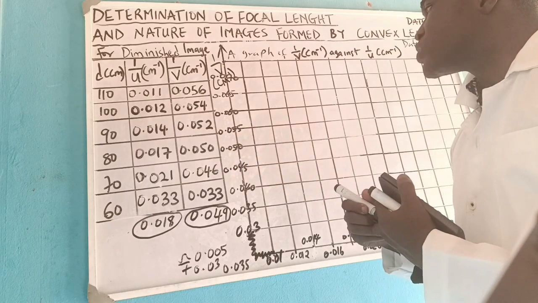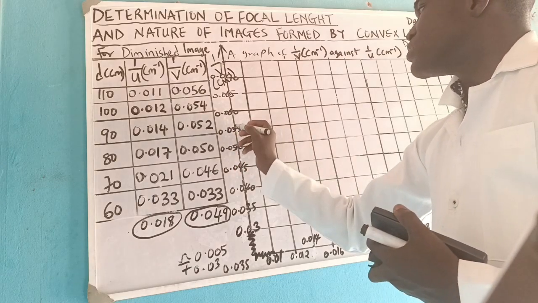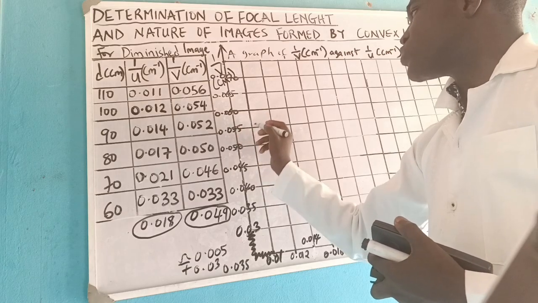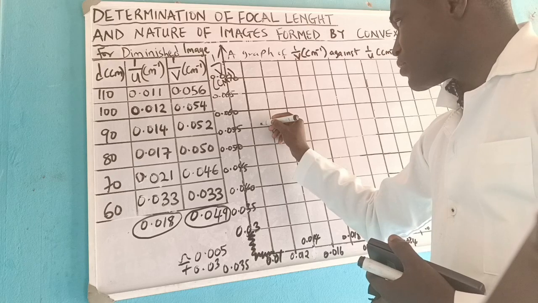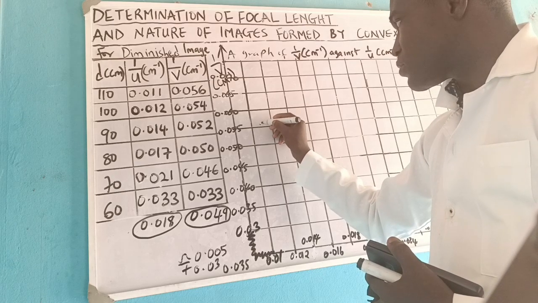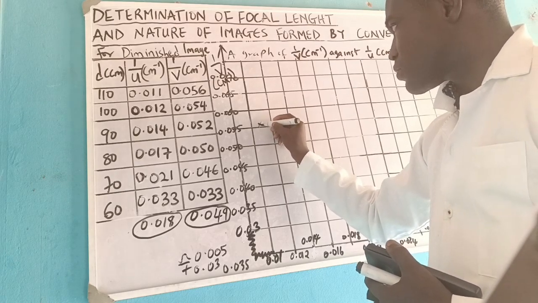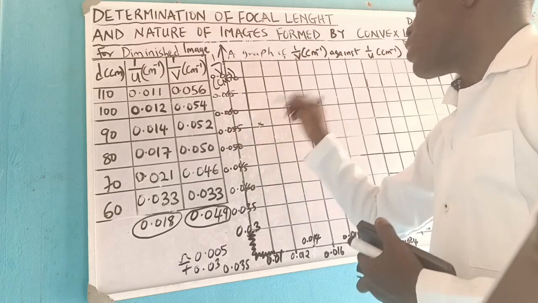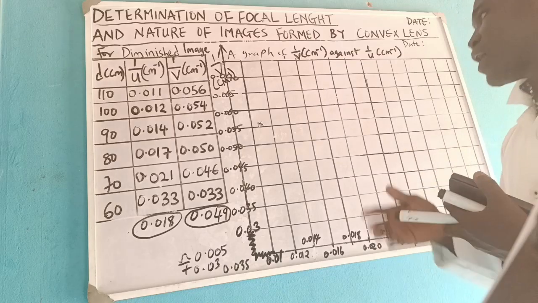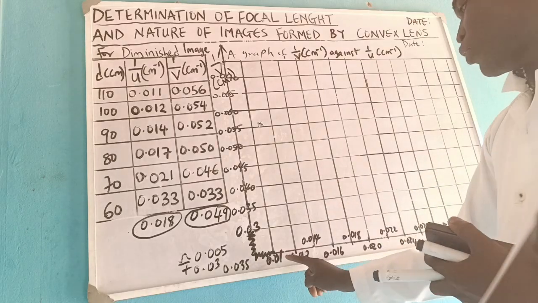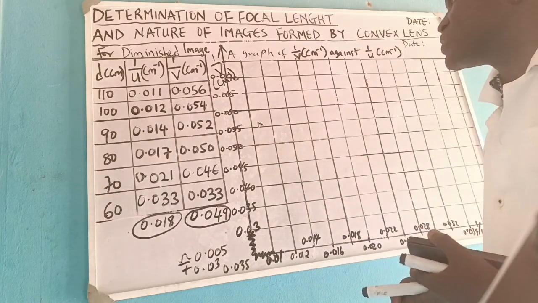So 0.056. 6, 7, 8, 9. So it should be about around here. We put our mark there. Then we go again. That is 0.011 against 0.056.